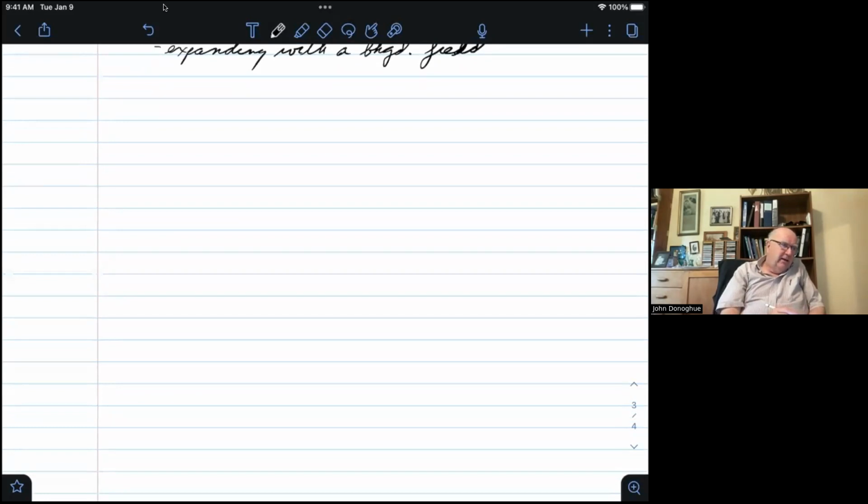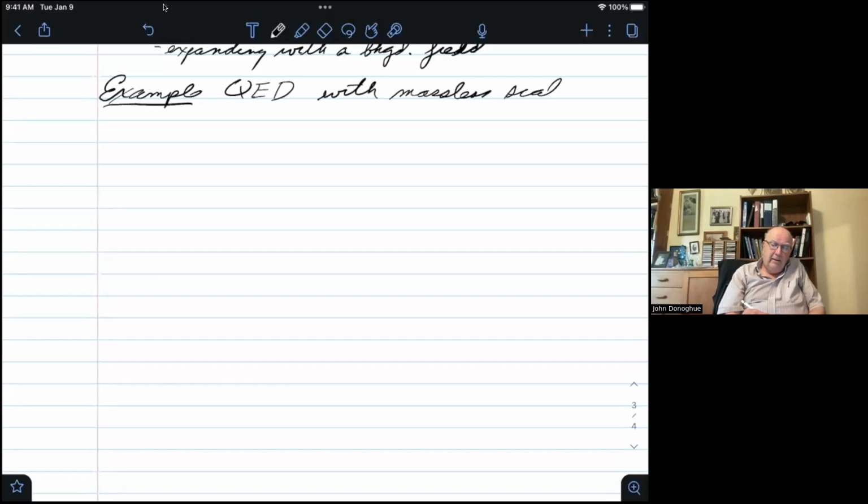So the example is I'm going to do QED with a massive scalar. So the Lagrangian here is D_mu phi star D^mu phi.